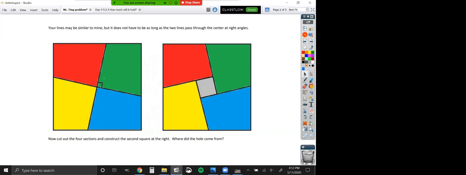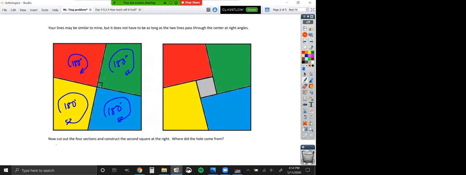Now these 4 pieces form the total area of the square, but when I take those 4 pieces and rotate them each 180 degrees, I'm going to put this one here, rotated 180, it doesn't matter which way, and this one 180 degrees, and this one 180, and this one 180, and I connect them as so, I end up with a big hole in the middle.